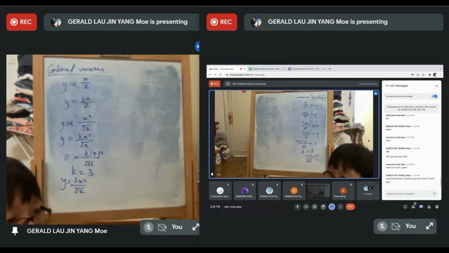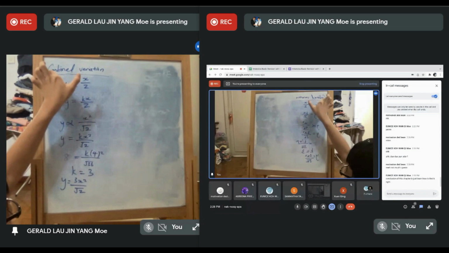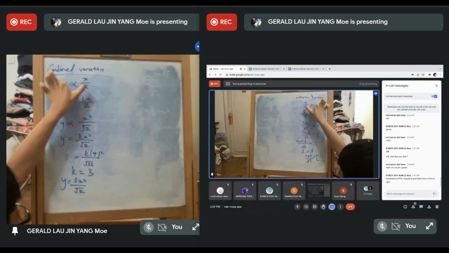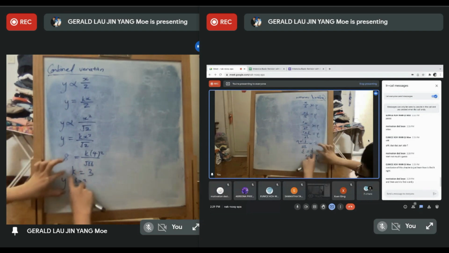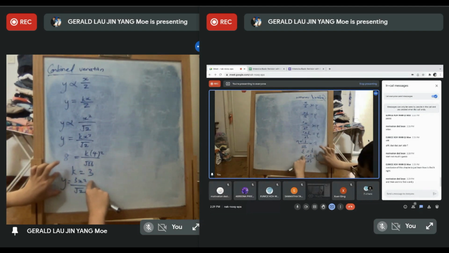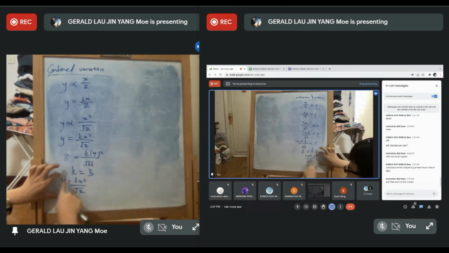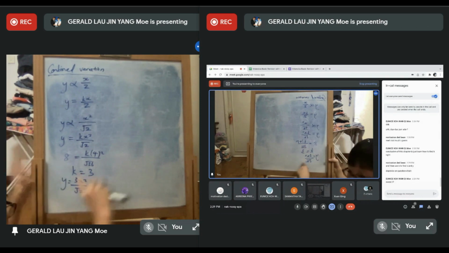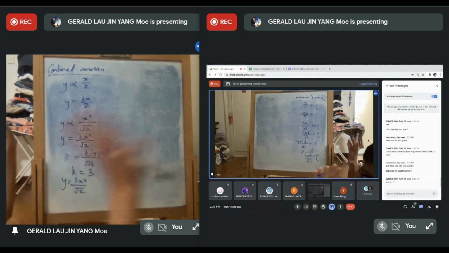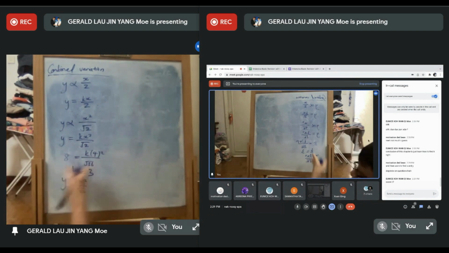Yes, just learn how to find k. Find the relationship between two or more variables, write the equation form, find the k, then you already form your variation equation, then you can find any value. They will give you the value of one variable, you find the other variable. That's all. They cannot go beyond and ask you other stuff. This is variation.